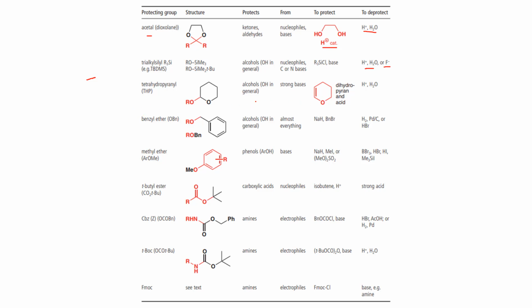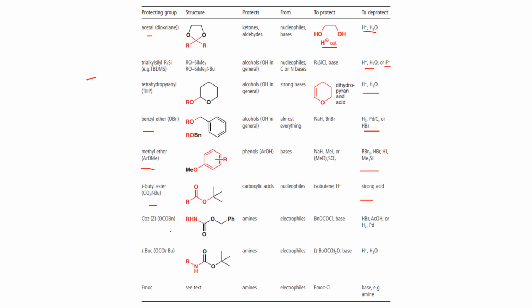Then for another alcohol, we can use THP, that is tetrahydropyranyl. It can be deprotected by H plus. Next, benzyl ether can be deprotected by H2/Pd selectively. Next is methyl ether, that can be deprotected by BBr3. Next is tertiary butyl ether, tertiary butyl ester, it can be deprotected by strong acid.